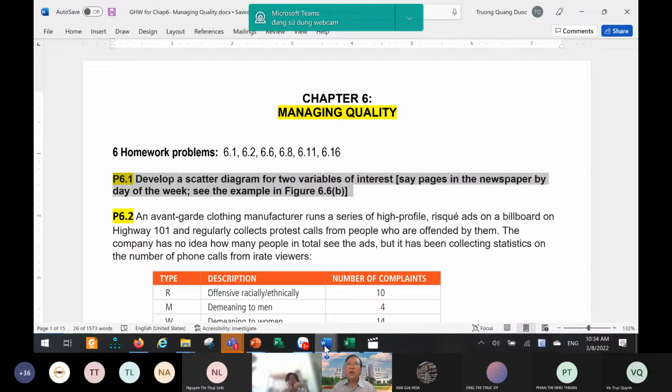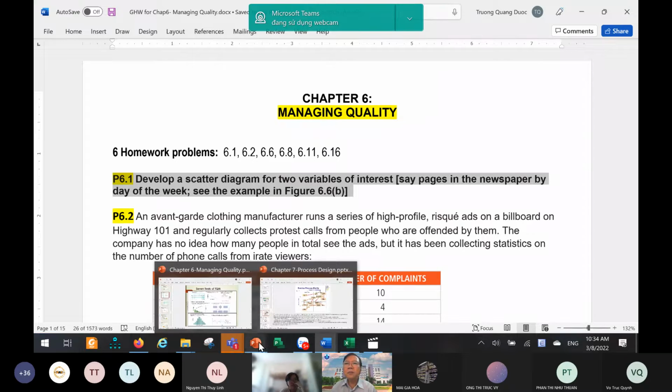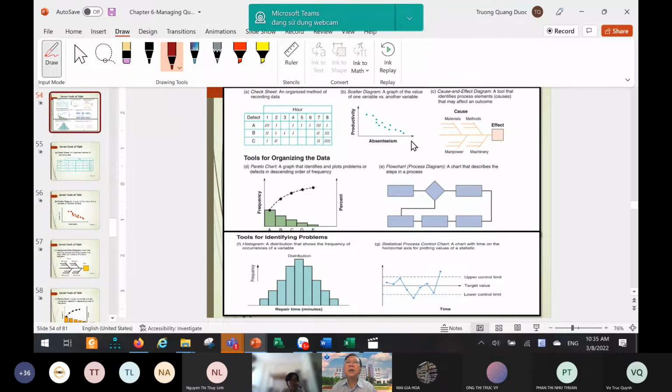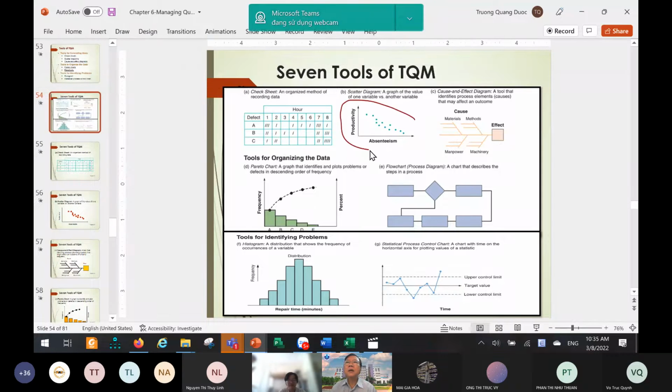Okay, you know what is a scatter diagram? It means that you have to draw the two parameters or variables, and you have to identify whether they have a very close relationship together or not. So you have your comment on that.